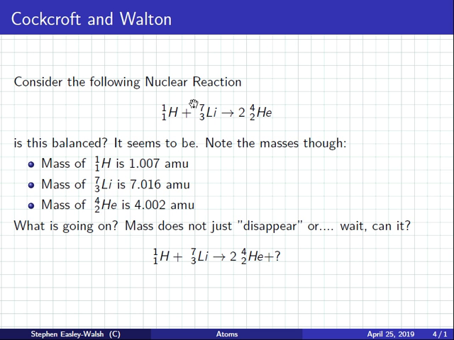They had some lithium, and they fired hydrogen at it, and they made helium gas. And they calculated the masses, and they discovered some of the mass was lost. Now, before I continue, I think this reaction, you should write it down as an example. And if you would like to, you should write down the name of the experiment. It came from the Cockcroft and Walton experiment.